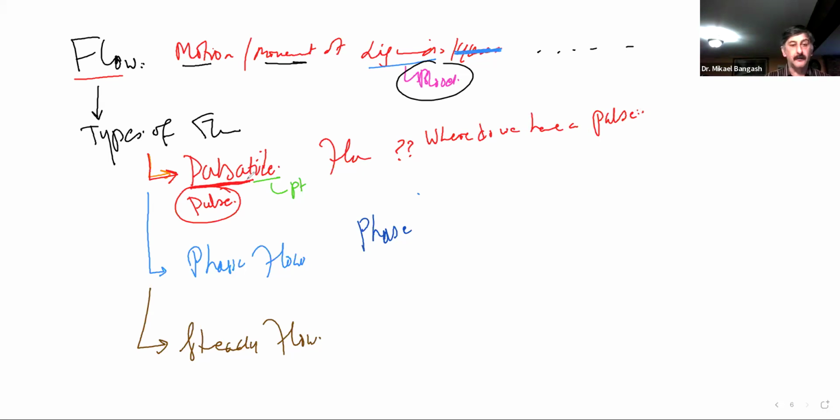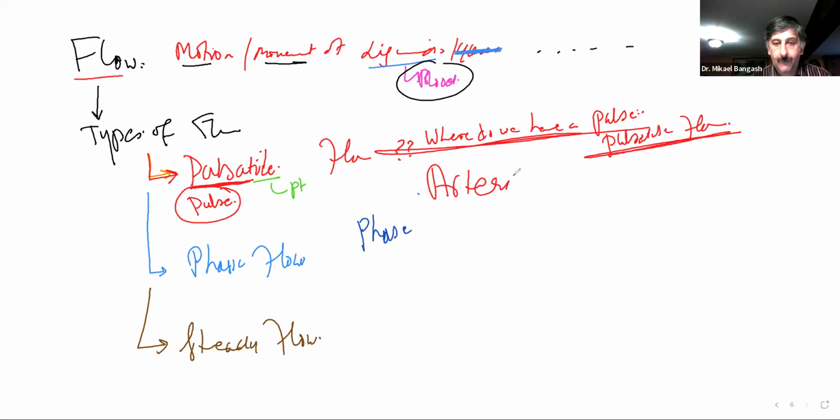That is where we will have pulsatile flow. You'll be able to say where it is that we have a pulsatile flow, and that is going to be in arteries. Did you guys get that?